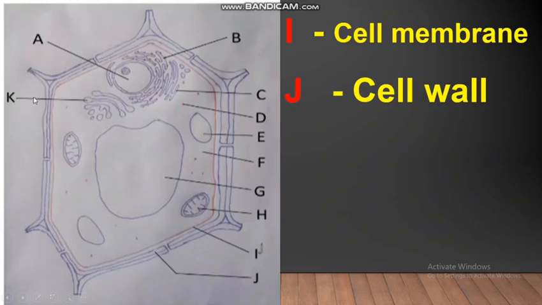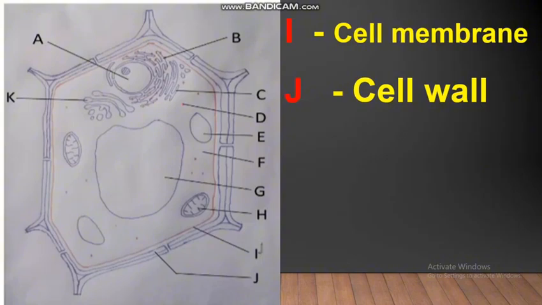Let us now look at the part labeled K right here. What is the name of the part labeled K? I'm sure you're able to see this structure which is labeled K. The name of the part labeled K is called the Golgi apparatus. What do the Golgi apparatus do? They modify and transport glycoproteins for secretion from the cell.